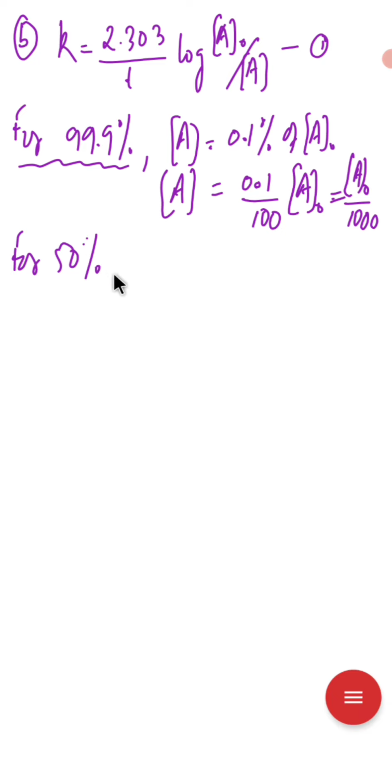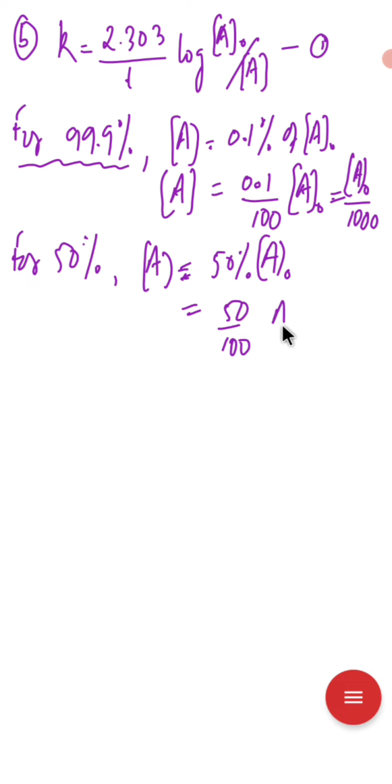And for 50% completion of the reaction, A will be equal to 50% of A naught, which is 50 by 100 of A naught, and that is equal to A naught by 2, right? This is the value of A for 50% completion of the reaction.